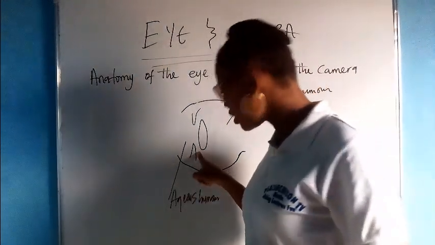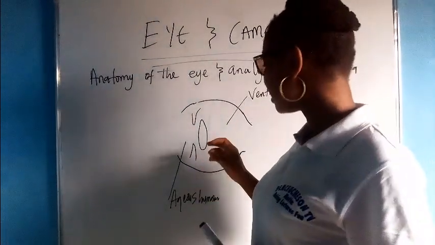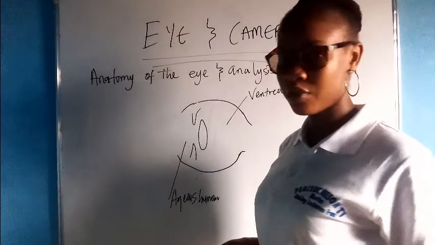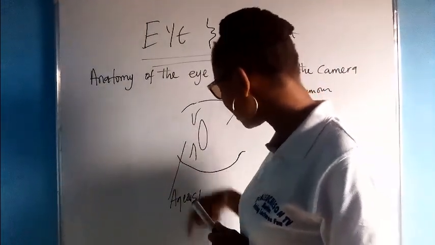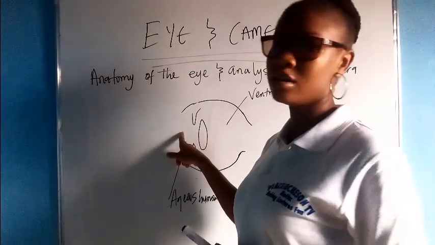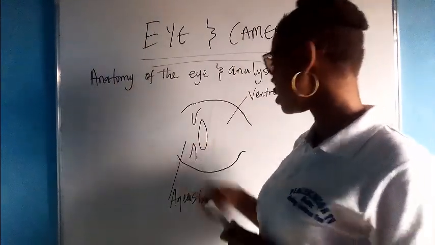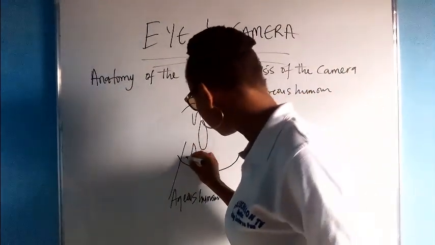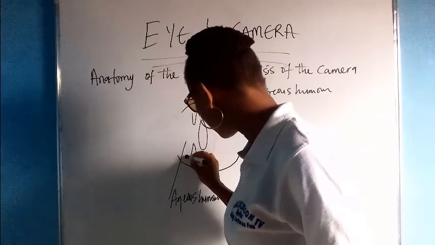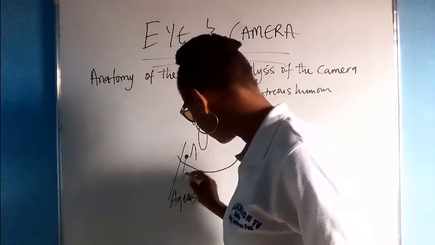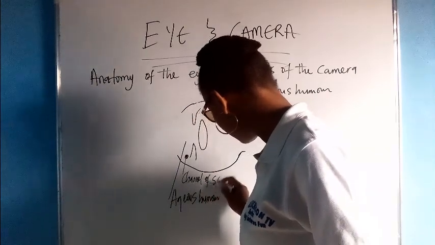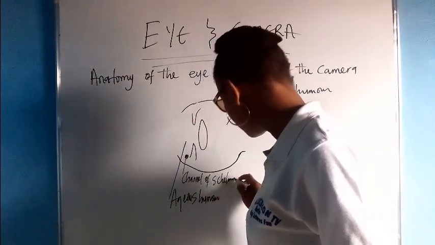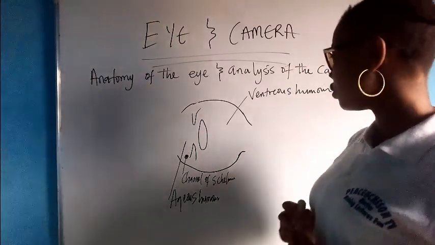So the posterior chamber is the one that secretes this aqueous humor. The ciliary body secretes the aqueous humor, it enters the anterior chamber, and then drains into the canal of Schlemm.